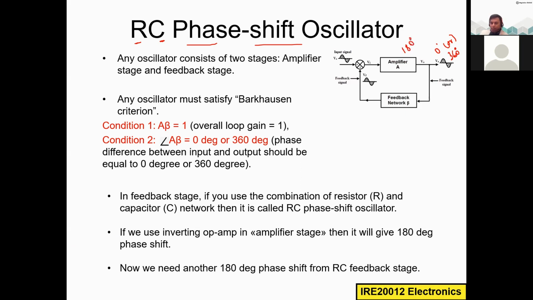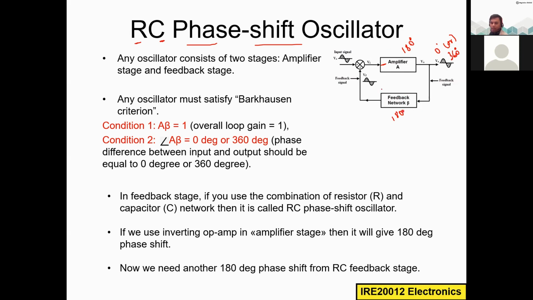We have already studied how the operational amplifier works in inverting and non-inverting mode. When you apply the input to the inverting terminal, the minus, you get 180 degree phase shift at the output. And if the feedback network can also provide another 180 degree phase shift, then we will get 360 degree at the output.